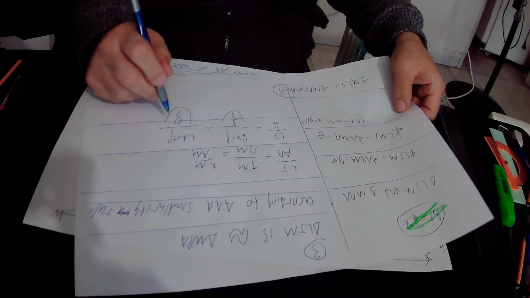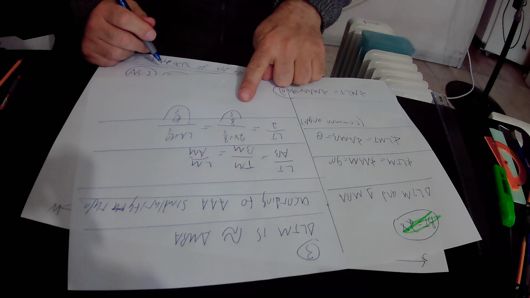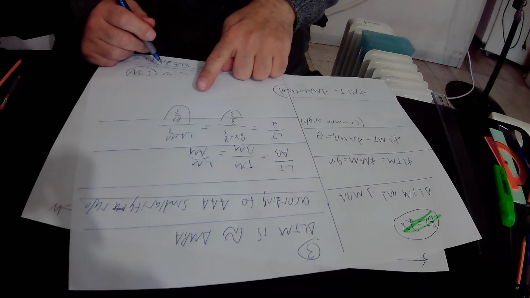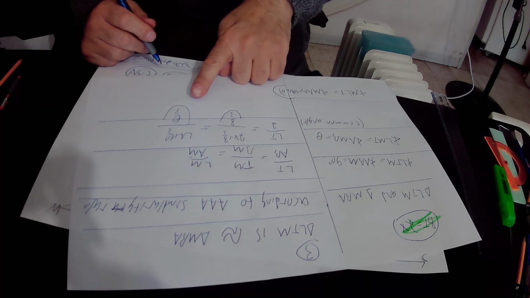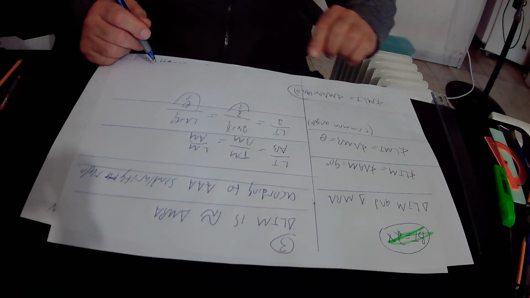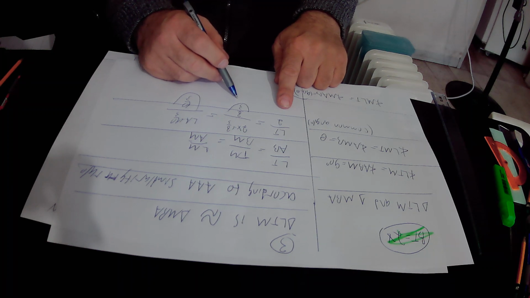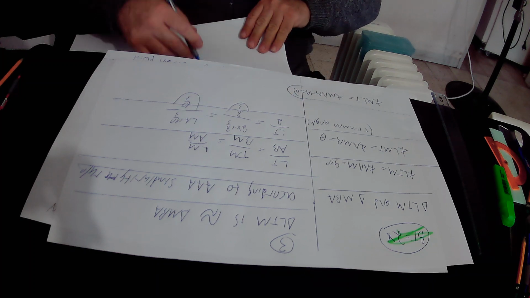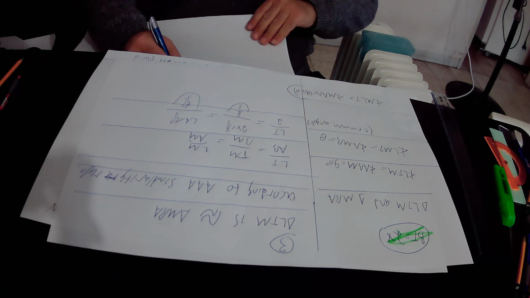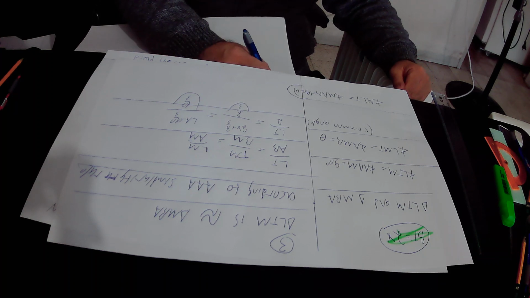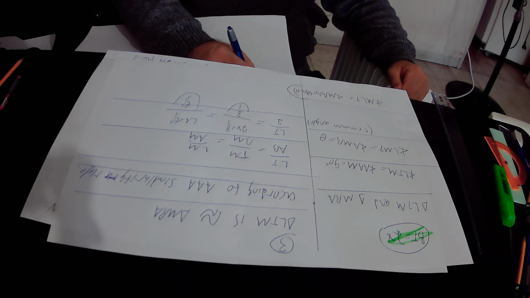So we find that LT over 2 equals 2x plus 8 over 3 over 8 over 3, and it also equals LA plus 10 over 3 over 10 over 3. In this long equation, those two sides are equal to each other, therefore we create equation 1 from them. So according to equation 1, LT over 2 equals 2x plus 8 over 3 over 8 over 3.